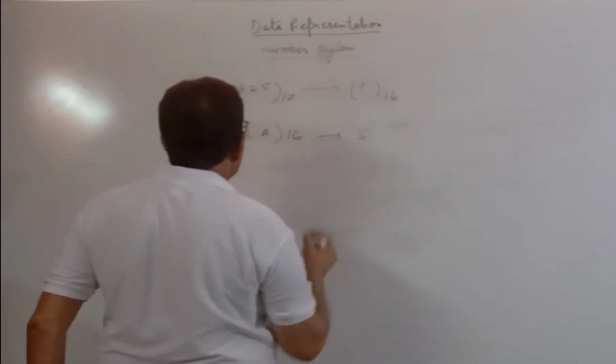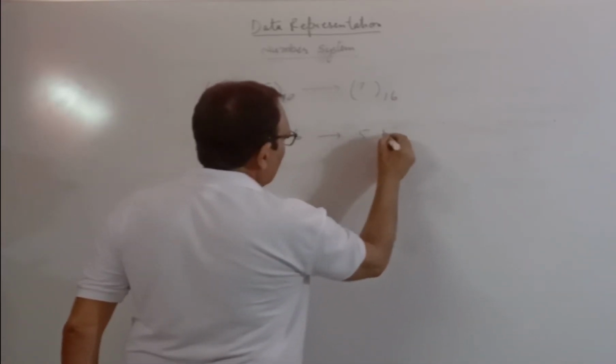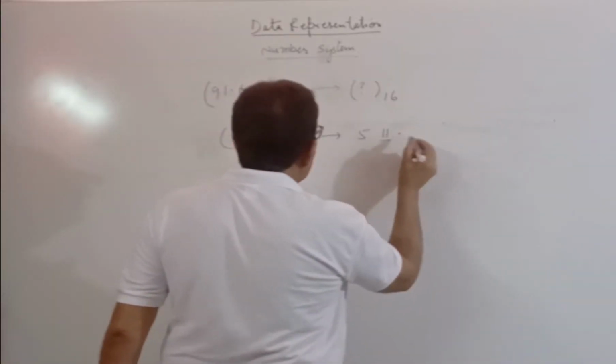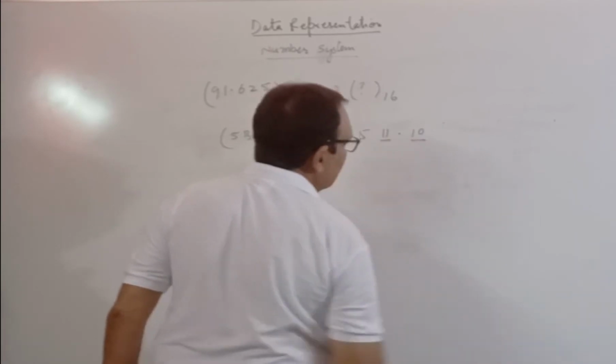5 is 5, and in place of B you have to write 11, the corresponding number. In place of A you are going to write 10.